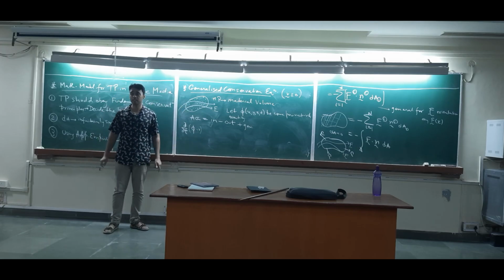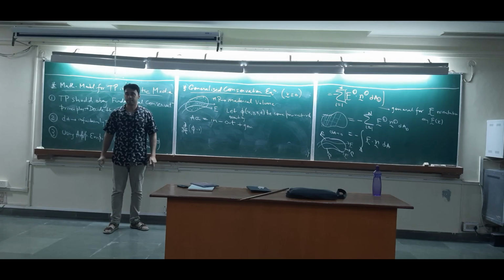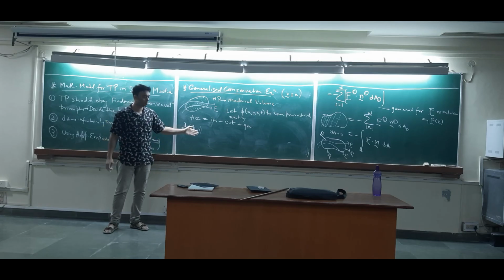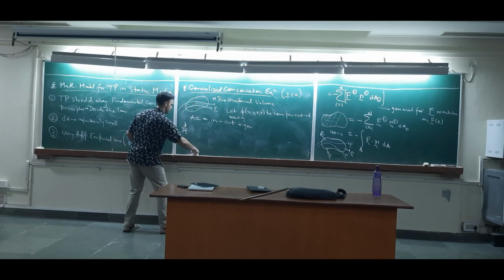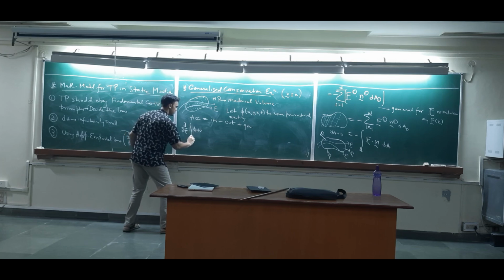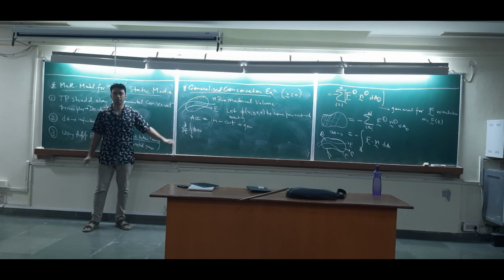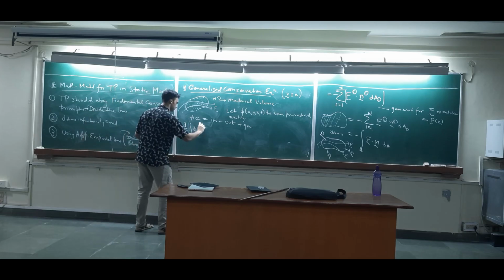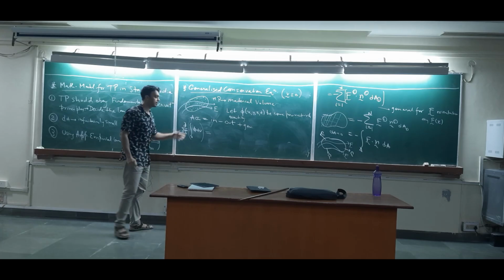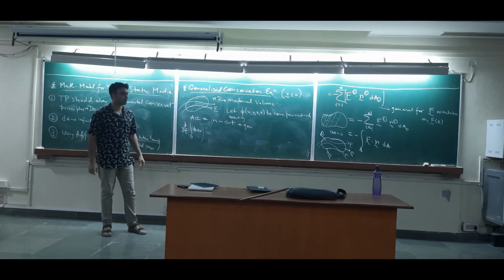But if phi is changing with V, then we can't do that. If phi is the same everywhere, we could do this. So what do we do? We do an integral with respect to V, with respect to material volume. And then we have in minus out.